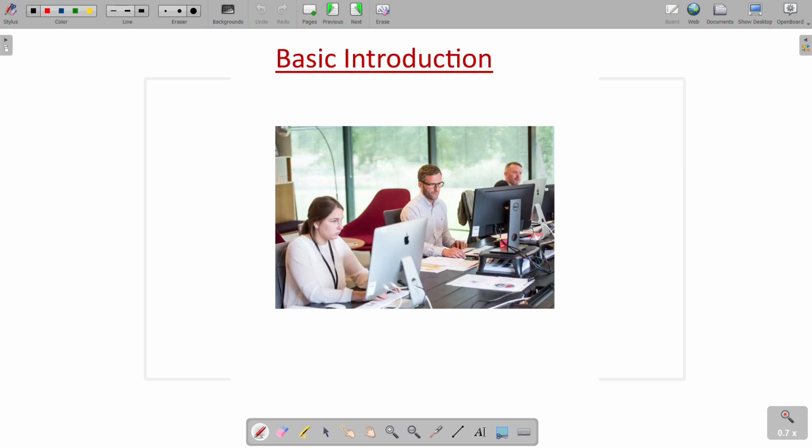Next, what is the basic introduction to the computer? As a modern-day kid, we must have seen, used, or read about computers, because the computer has become an integral part of our everyday existence. In schools, banks, shops, hospitals, railway stations, any administration office, even in our homes, a computer is present.